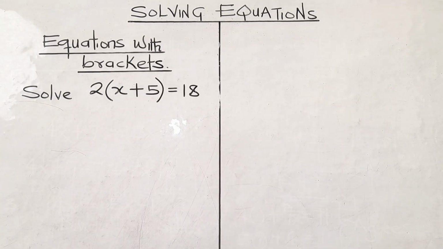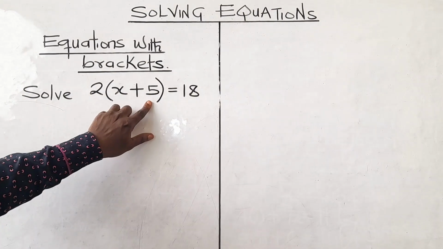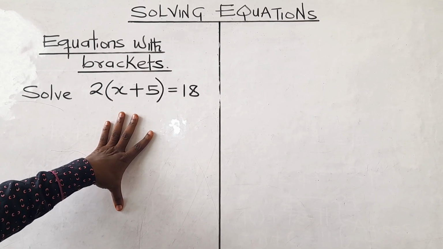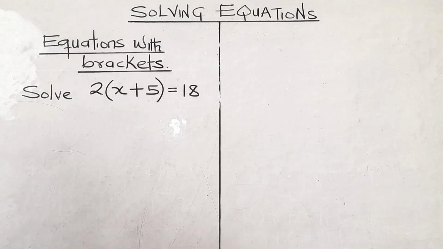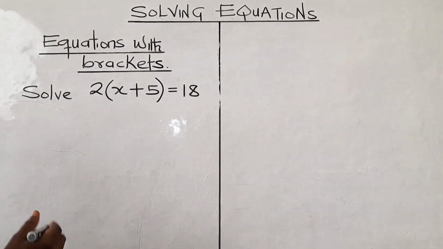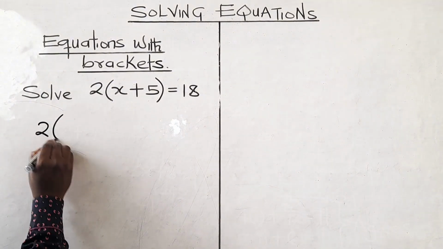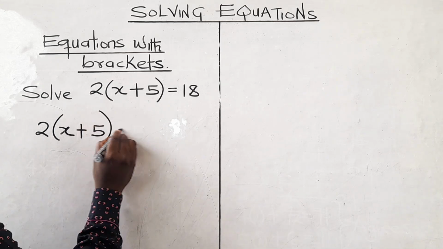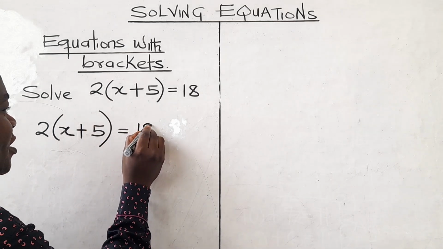What if you have equations with brackets? Now, some persons find it difficult to actually open these brackets. Look at this. This is how you go about the bracket. 2 into x plus 5 equal to 18.